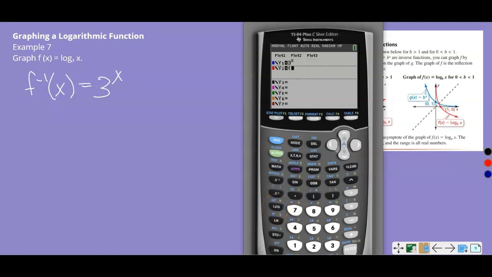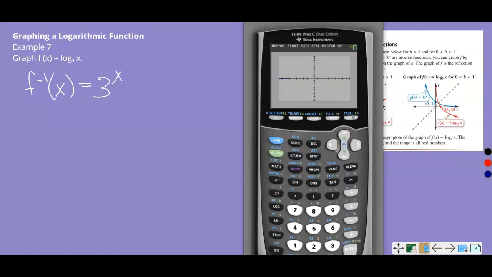So let's use our change of base formula: we're going to do log of x divided by log of 3. Make sure you have 2 parentheses here because you have 1 here and 1 here, so you have to close both of those parentheses.